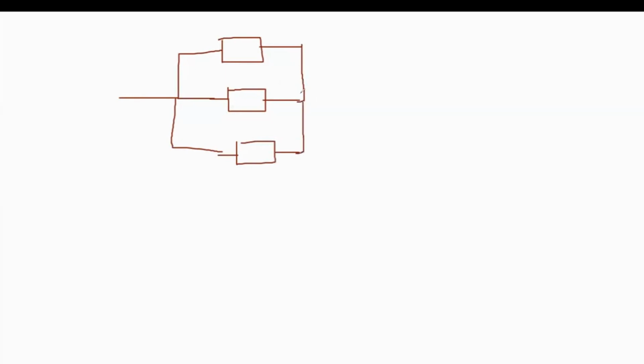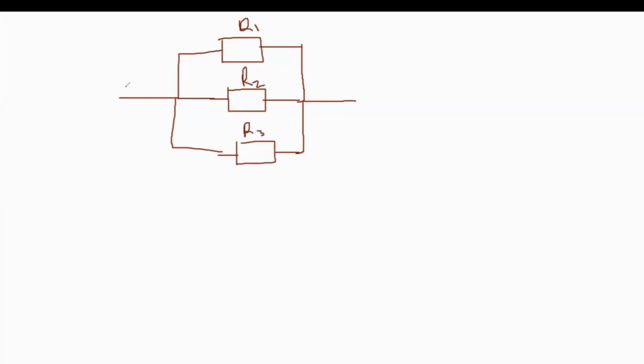Now I have three resistors that are connected in parallel like this. You have R1, you have R2, and here you have R3.